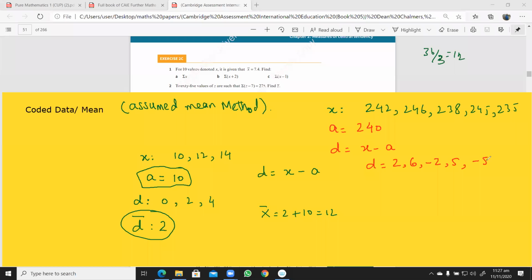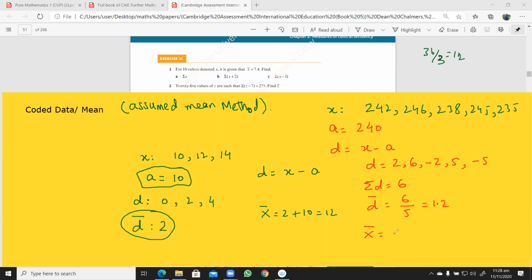So we have been very clever over here. You see the sigma d is going to be just 6. And what is the new mean? That is going to be 6 over 5, and I get 1.2. Guys, see how quickly I can determine the new mean.